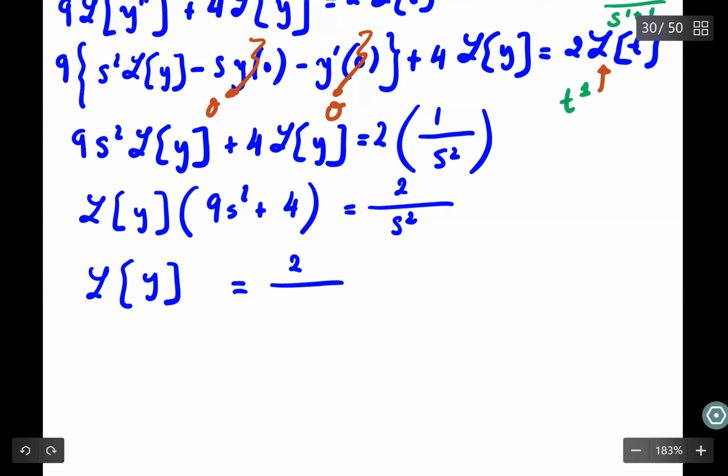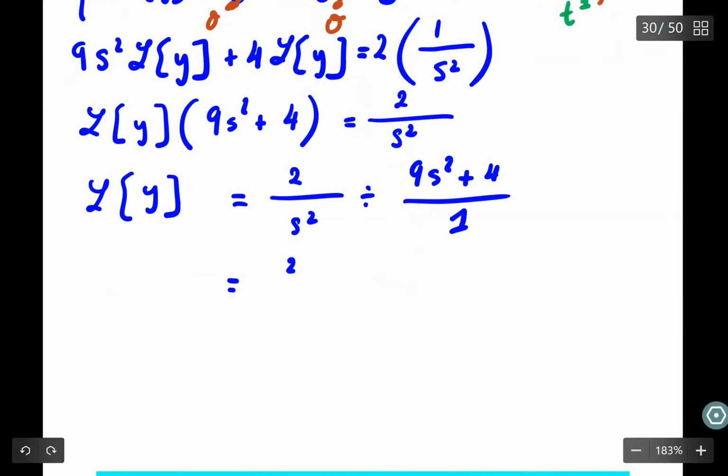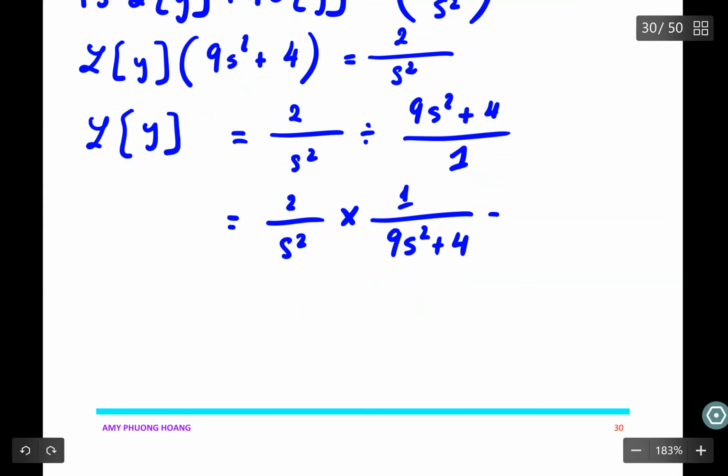So it will be 2 over s squared divided by 9s squared plus 4 over 1. Then this will turn into multiplication of 1 over 9s squared plus 4. So let's put it together as 2 over s squared multiplied by 9s squared plus 4.